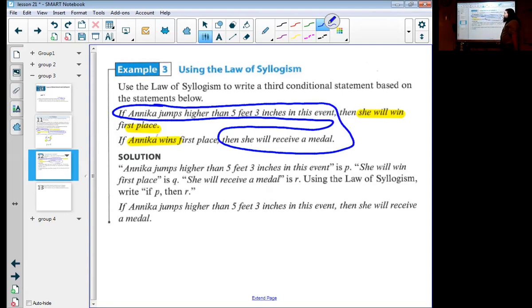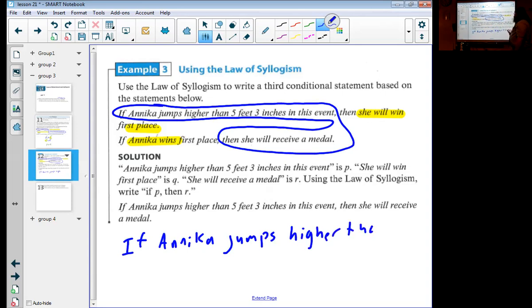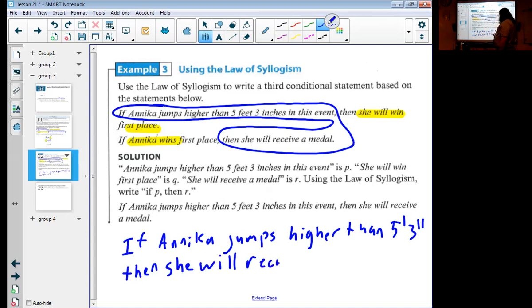So our new conditional statement is if Anika jumps higher than 5 foot 3 inches, then she will receive a medal.